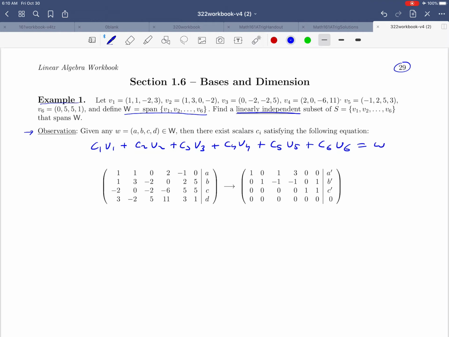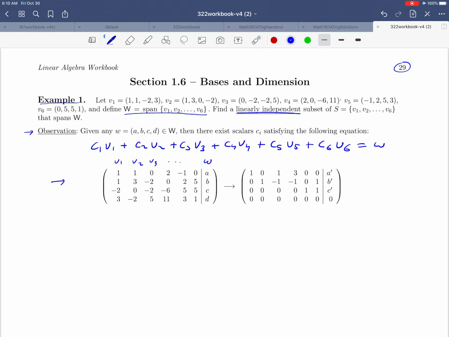And we know from our previous work that an equation like this can be rewritten in the form of a system. That's what we're seeing down here on this line. Notice that the columns of this matrix are just the 6 vectors that they gave us. And the right-hand side is the vector that we call w.